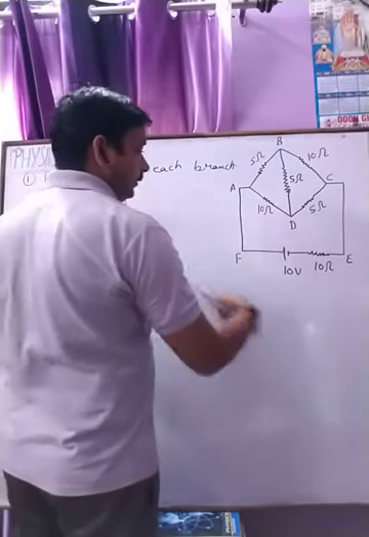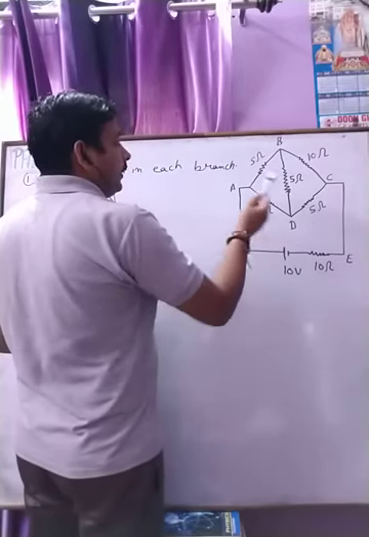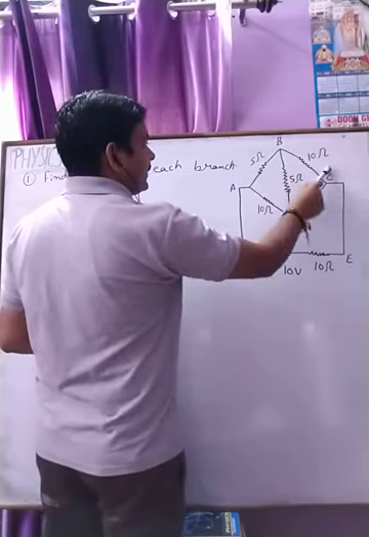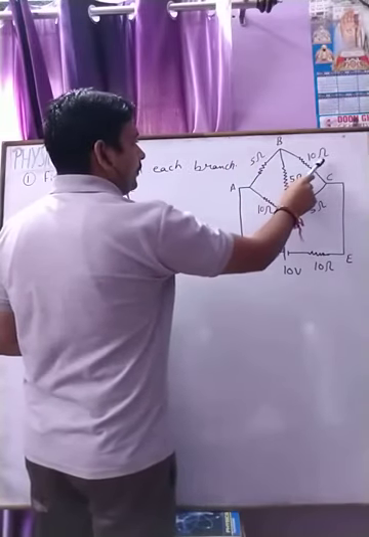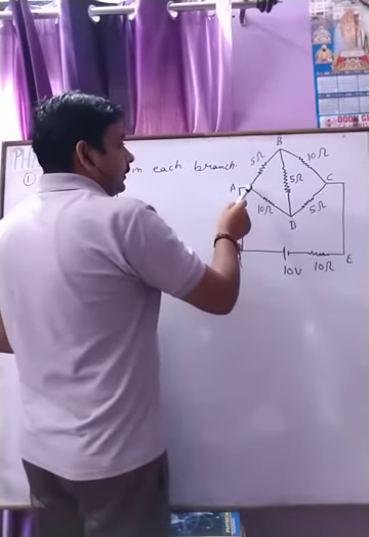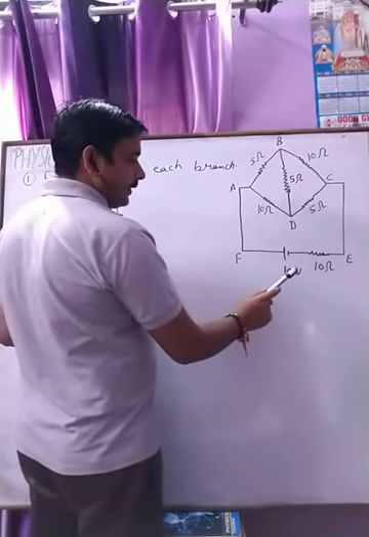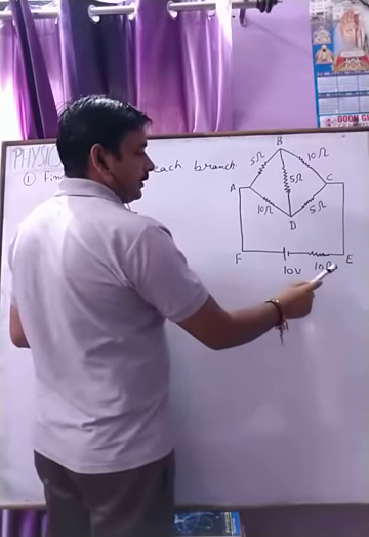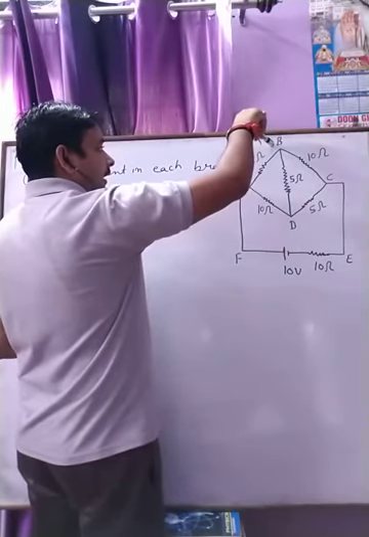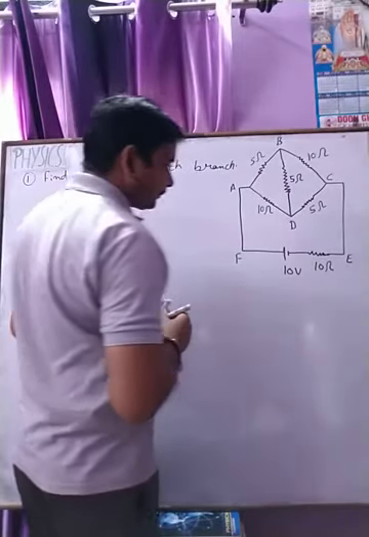We have a network in which, on each side of a parallelogram, resistances of 5 ohm, 10 ohm, 5 ohm, 10 ohm are connected, and the diagonal AC is connected with a battery of 10 volt with a resistance of 10 ohm, where the other diagonal BD is connected with a resistance of 5 ohm.